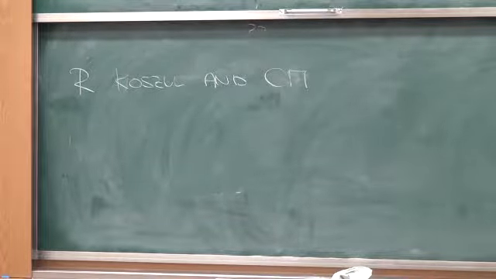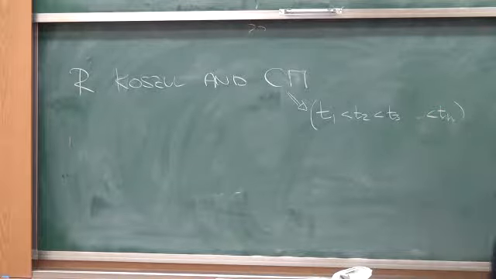So the reason why I put this assumption here is because under the Cohen-Macaulay assumption we know that the syzygies strictly grow until you reach the t_h.